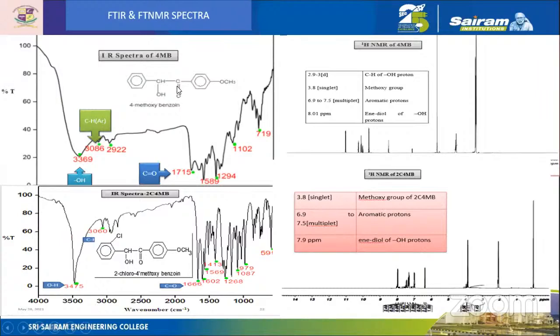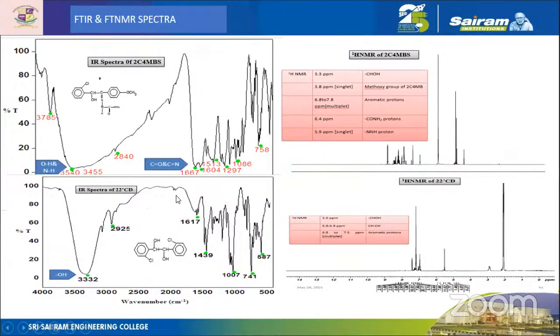Similarly, the C=O group at 1715 shows my compound is 4-methoxybenzoin. And for the methoxy group, I got one more peak. Similarly, I tried other compounds also. All these spectra confirm my compound is formed.